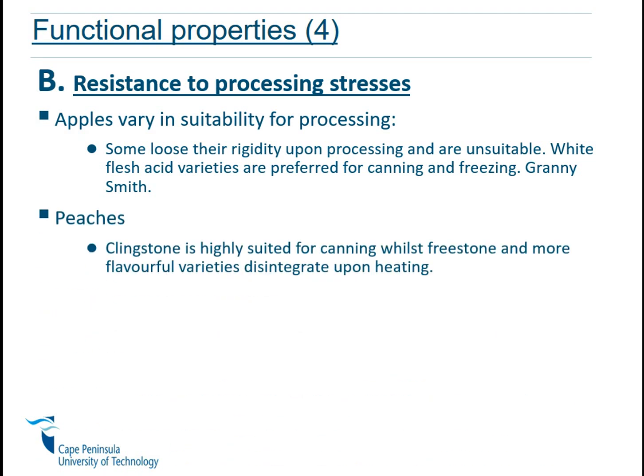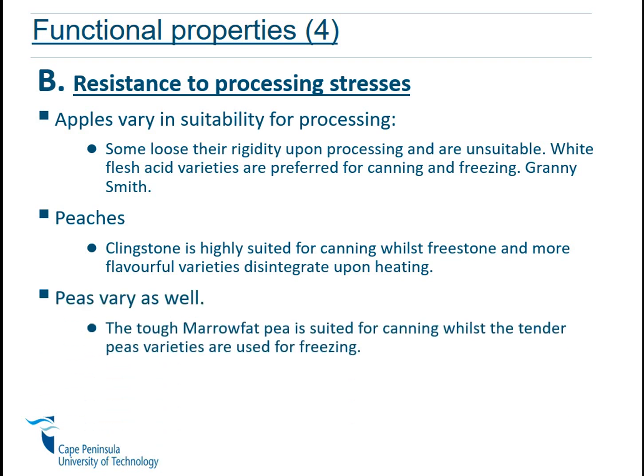If we look at peaches, the Clingstone variety is highly suited for canning, whilst the Freestone and more flavorful varieties disintegrate upon processing. So for any process, it's very important to consider: what variety am I choosing? How does this variety behave when it's put under processing stress?